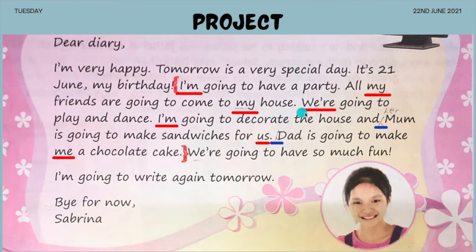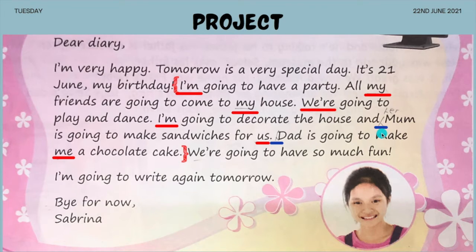Full stop. We are going to play and dance. The word we are here, replace with they are going to play and dance. Next, I'm going to decorate the house. Replace the word I'm here with she is going to decorate the house. And something missing here.